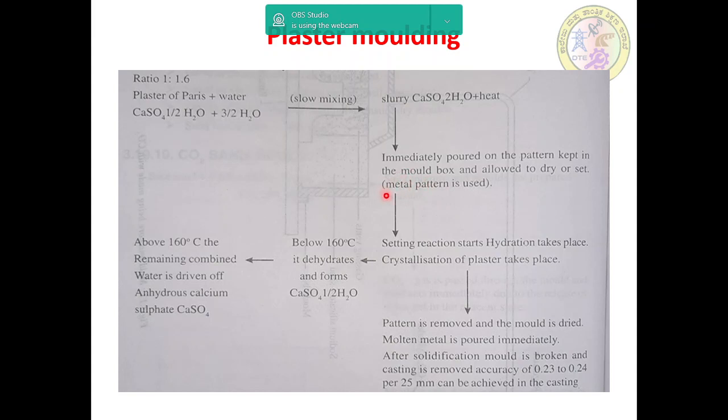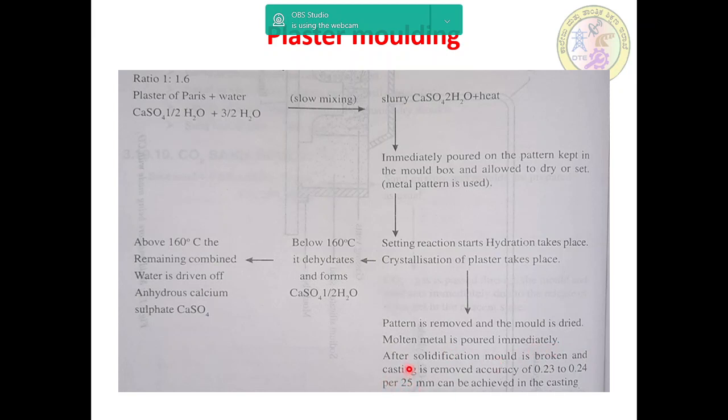That's why metal patterns are usually used. Then the setting reaction takes place, and crystallization of the plaster also takes place. The pattern is removed, the mold is dried, and then molten metal is poured immediately.